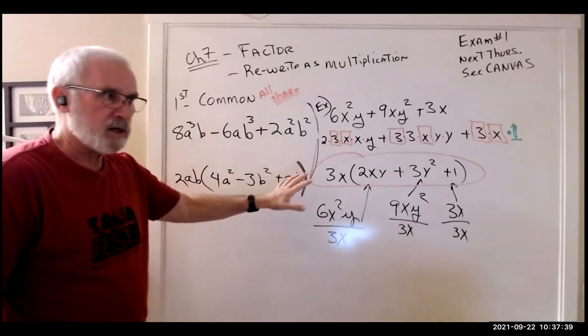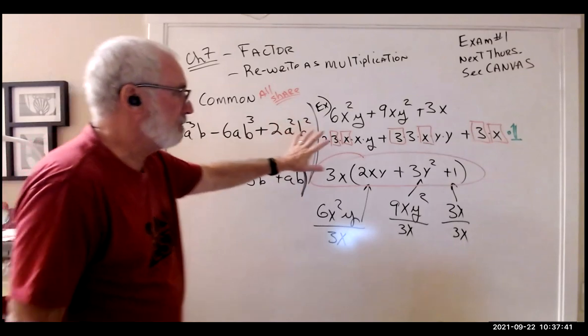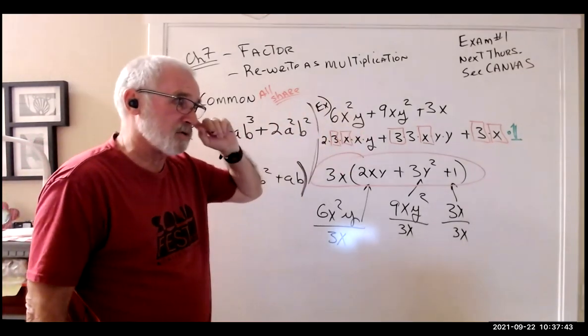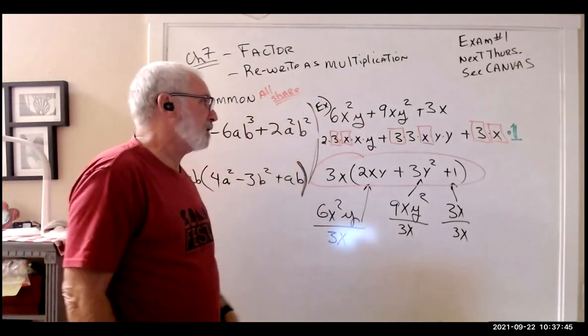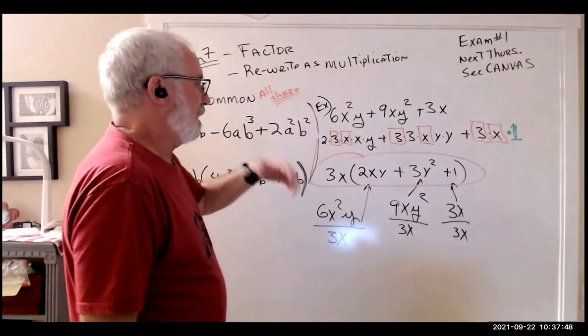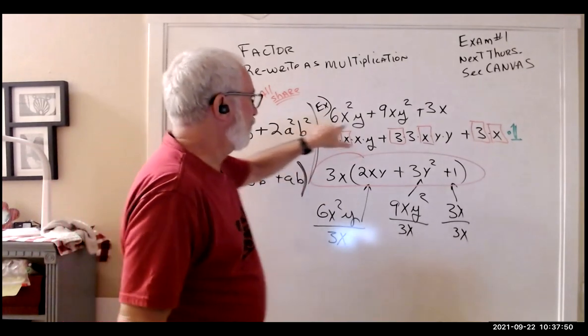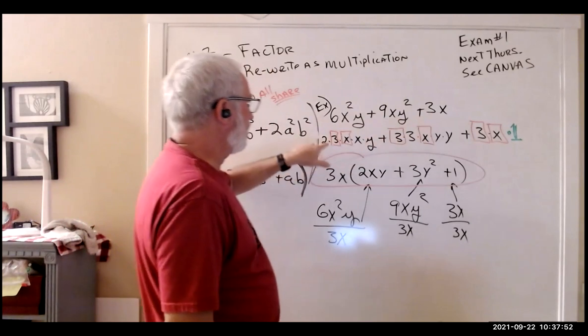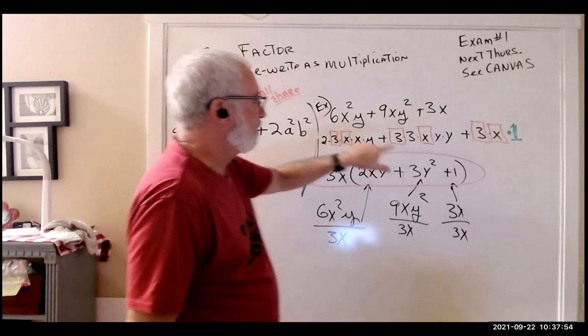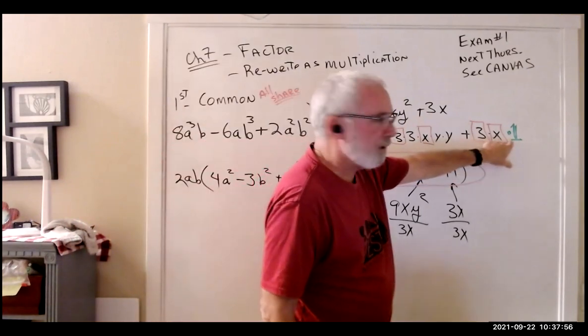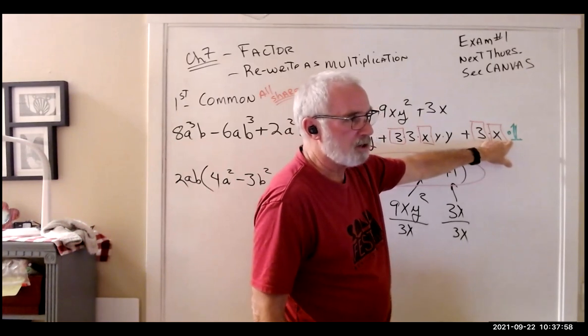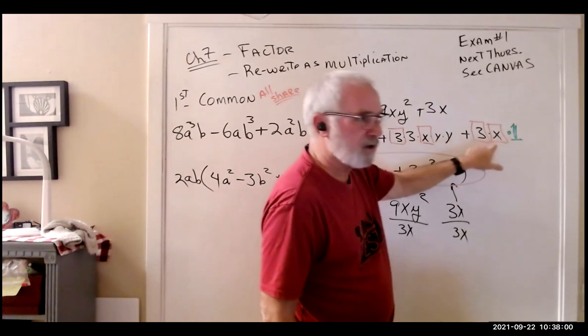I forgot to turn the recording on for this particular problem, so I need to go over it one more time so somebody gets it in their notes. They're not watching. Basically, when you factor this, you break it down into all the little parts, but there's always an invisible 1 that's part of every number.